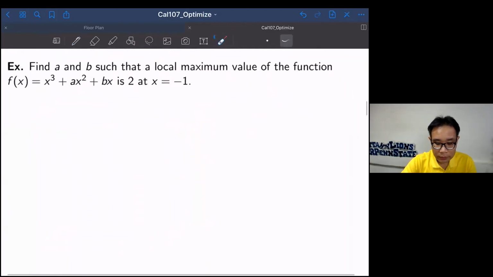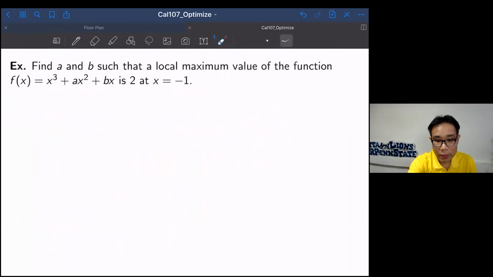The next one, the question asks you to find a and b such that the local maximum value of the function f(x) equal to x cubed plus ax squared plus bx is equal to 2 at x equal to -1.